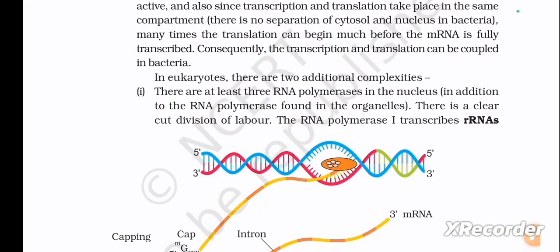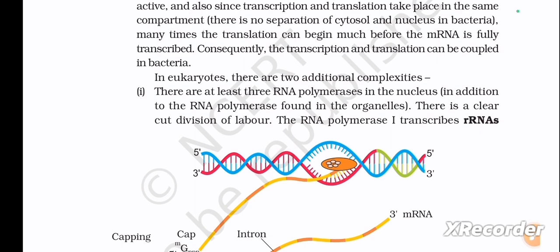In eukaryotes, there are two additional complexities. The first one is that there are at least three RNA polymerases in the nucleus, in addition to the RNA polymerase found in the organelles. There is a clear division of labor.